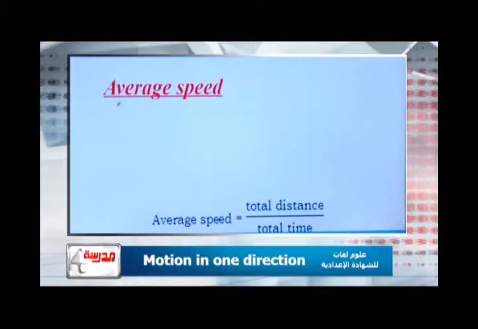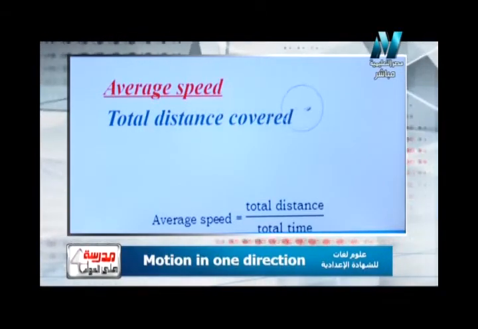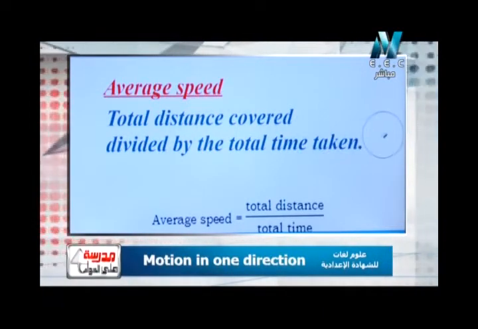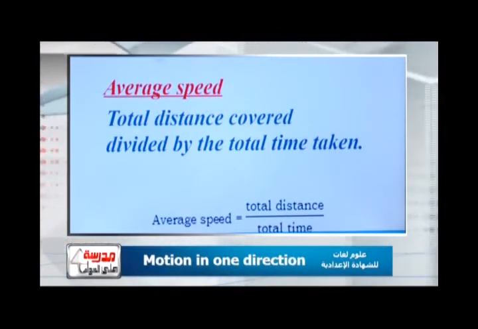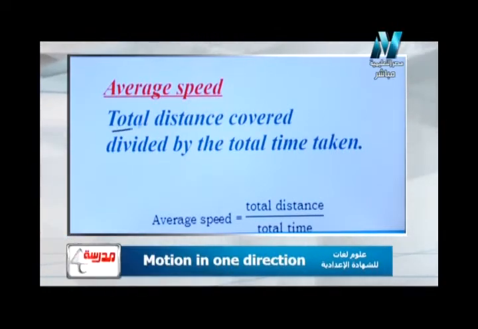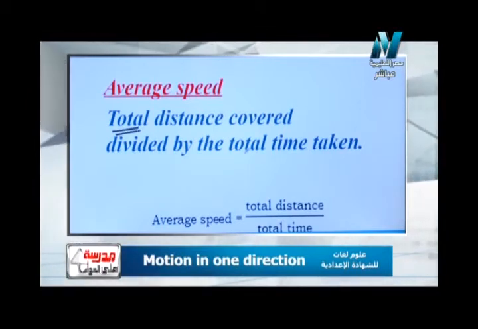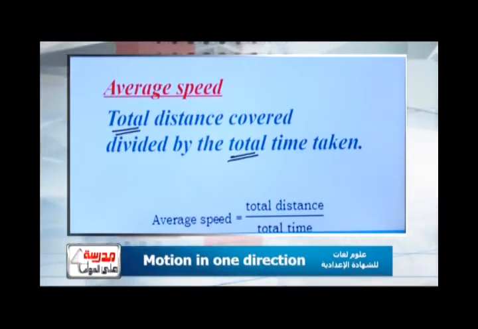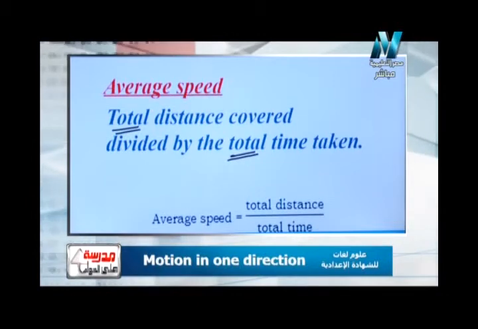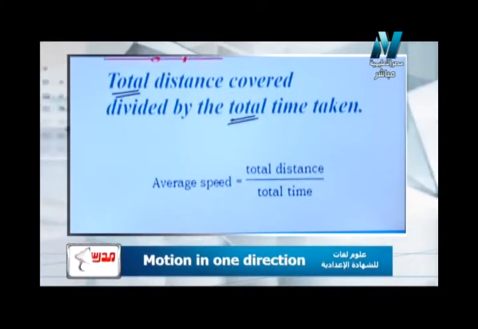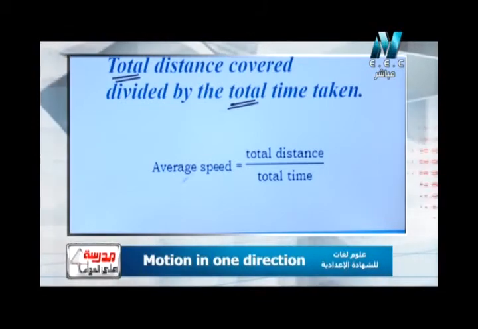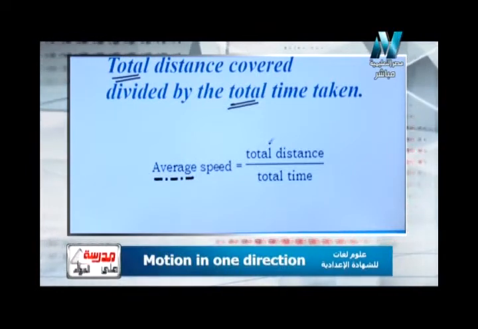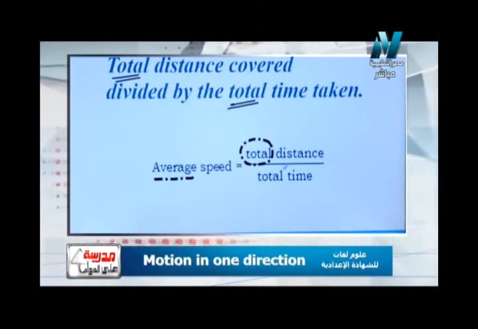Total distance covered, divided by the total time taken to cover this distance. يعني like the first definition, as we have speed, distance covered. Here we have the mathematical relation, the physical law: average speed equals total distance covered over total time taken.